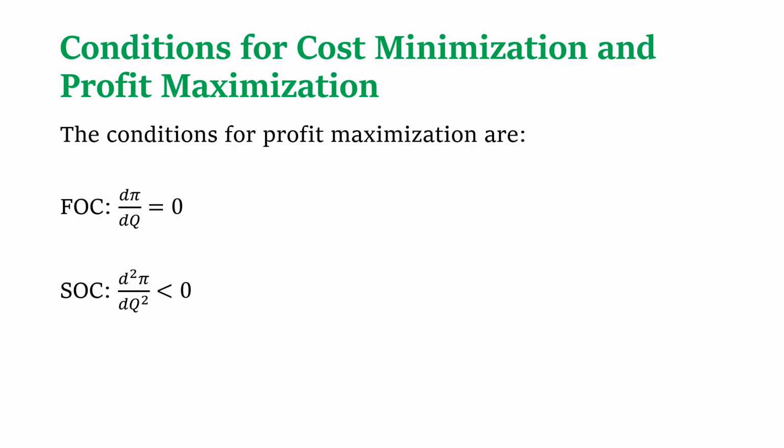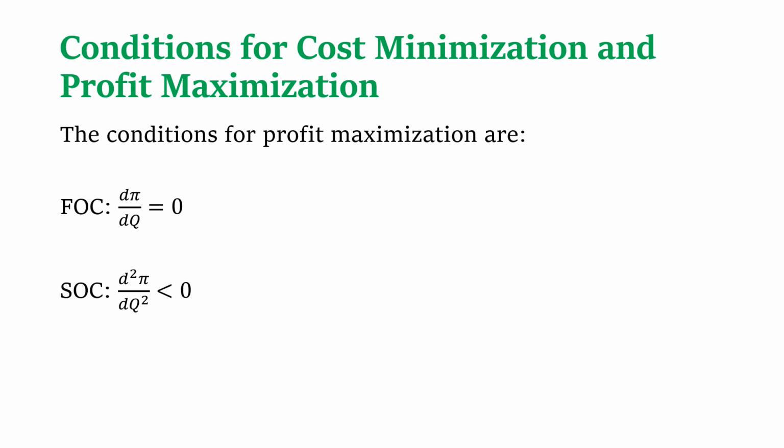So for maximization, the conditions are again d pi/dQ equals 0 and then d squared pi over dQ squared is negative. Now you see, for profit maximization, the second order derivative is negative. And for cost minimization, it is positive.